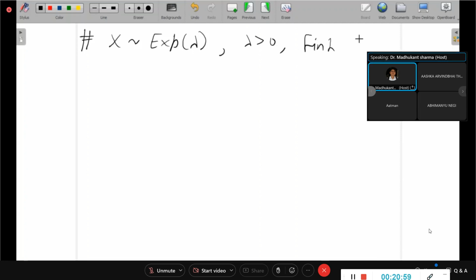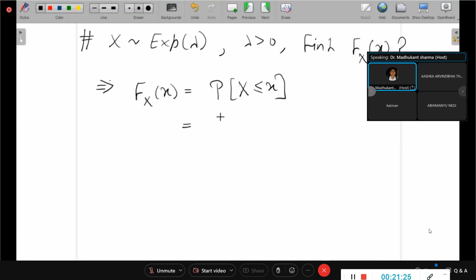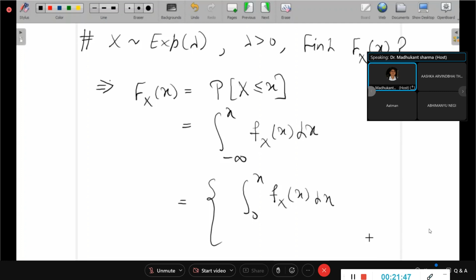Find F_X(x). Following the definition, F_X(x) is the probability that X is less than or equal to x, which is the integration from minus infinity to x of f_X(x) dx. Since f_X is 0 from minus infinity to 0, this is the integration from 0 to x of f_X(x) dx if x is greater than 0, and 0 if x is less than or equal to 0.